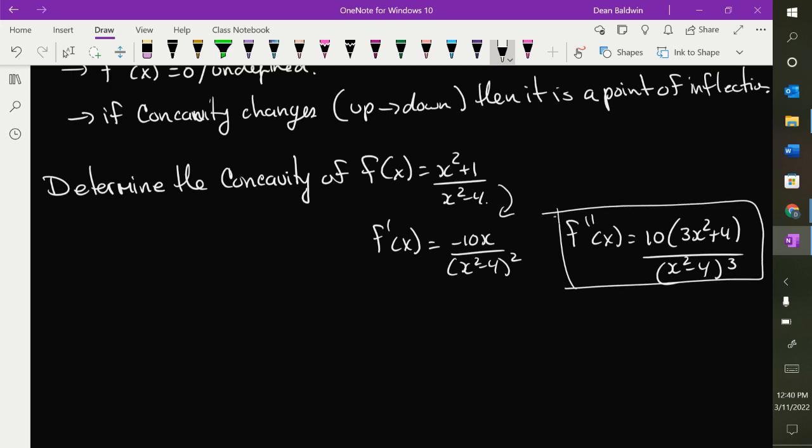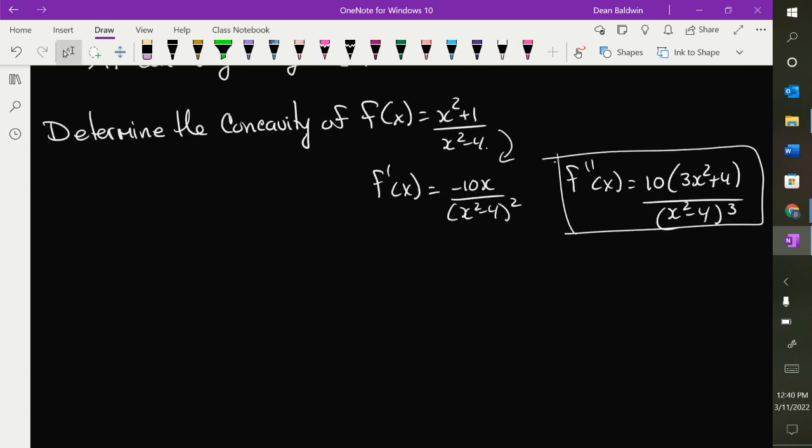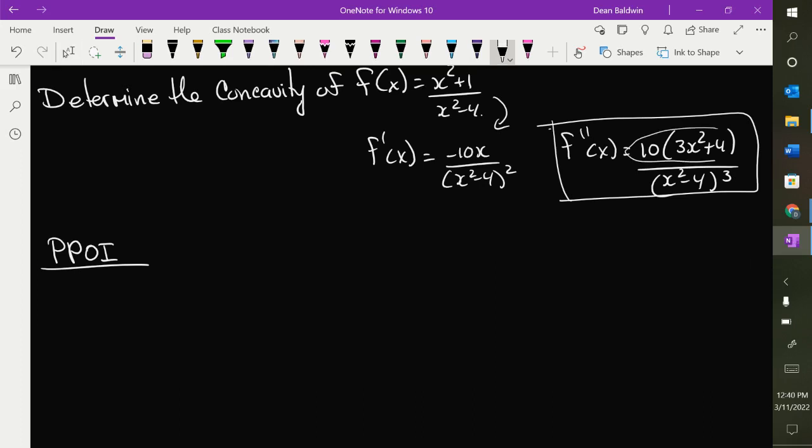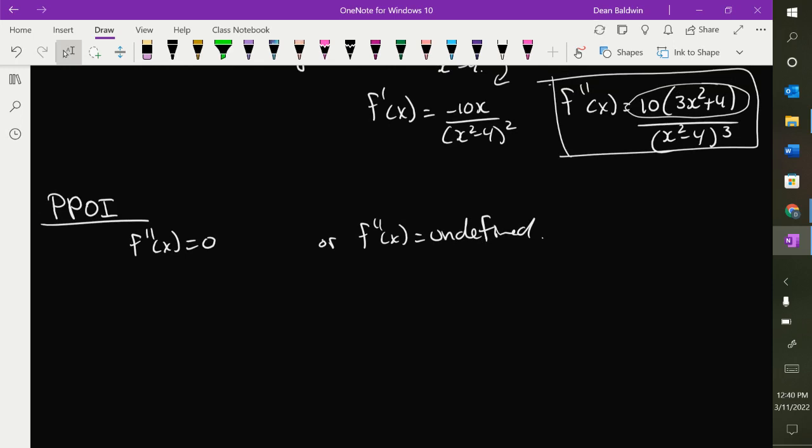Okay, so where are my PPOIs, my possible points of inflection? So we look at this. Look at the numerator. Does anything make the numerator 0? I look at that, I know the answer is going to be no, but we can test it. So it's either f double prime of x equals 0 or f double prime of x is undefined. If it's equal to 0, you just look at the numerator.